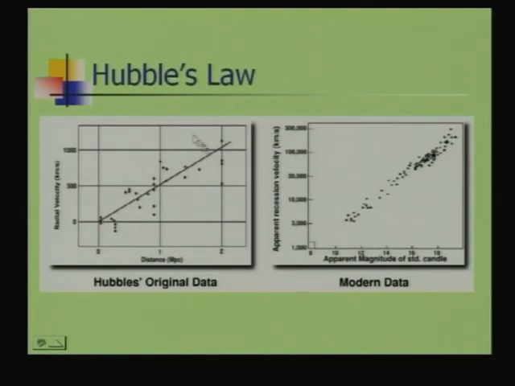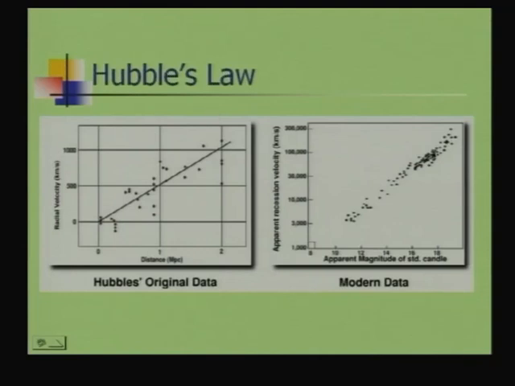This finding is called Hubble's law, and Hubble's law is possibly the most important discovery in modern cosmology. It is the finding that on the average, all the galaxies are moving away, and the speed at which they are moving away is proportional to the distance.